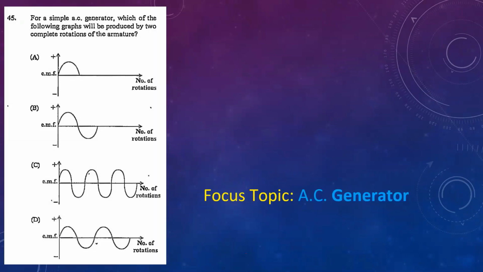Number 45. Now we have a simple AC generator, and we want to know which of the graphs is going to be produced by two complete rotations of the armature.